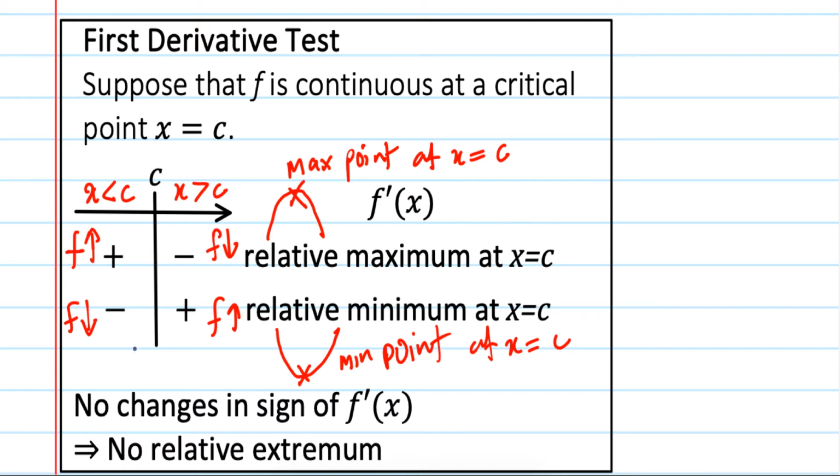If you have for x less than c positive, for x greater than c positive, or for x less than c negative, x greater than c negative, or in other words, no change in sign of f prime, it means that there is no relative extremum at x equal to c.